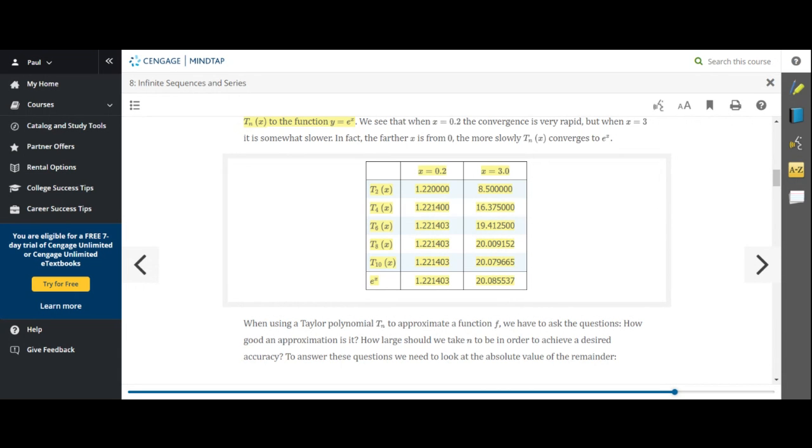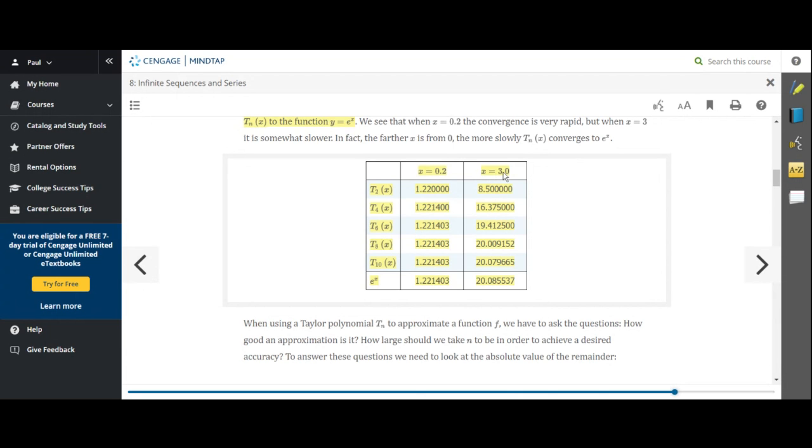The value of e to the 0.2 is 1.221403. They evaluate the 2nd, 4th, 6th, 8th, and 10th degree Taylor polynomials at x equals 0.2, and clearly, what does the best job? Well, the 10th degree Taylor polynomial actually does an equal job to the 8th and the 6th degree Taylor polynomial. But that's when x equals 0.2.